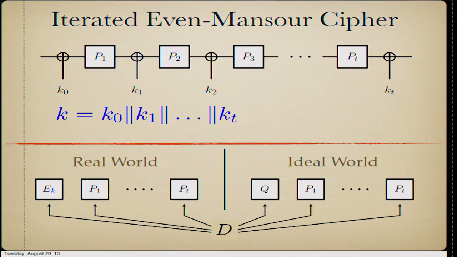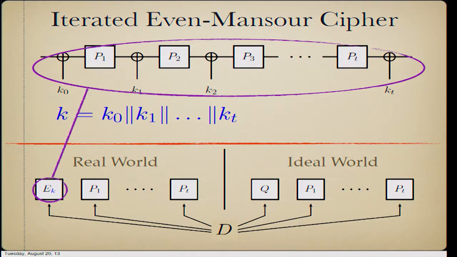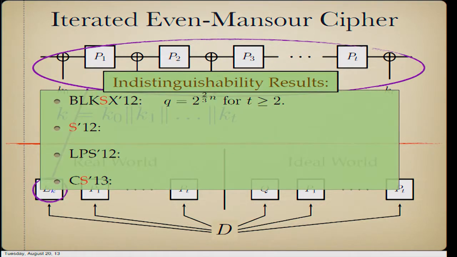In the real world, I have oracle access to the T permutations, each modeled as an independent random permutation, plus the block cipher for some fixed random key k that's hidden from me. As a distinguisher, I don't know what k I'm working with. And in the ideal world, I have T plus 1 completely independent random permutations. Q is just one extra independent random permutation.